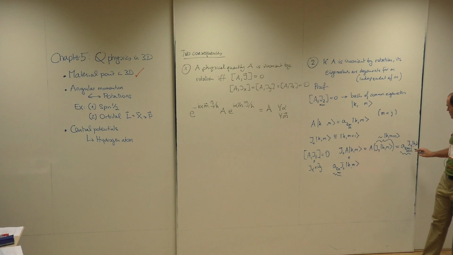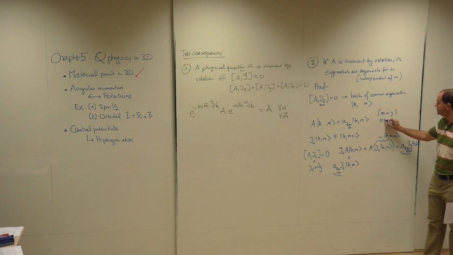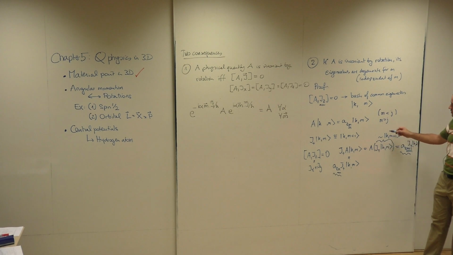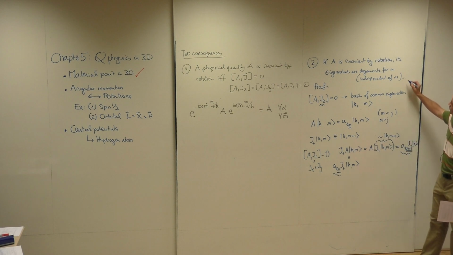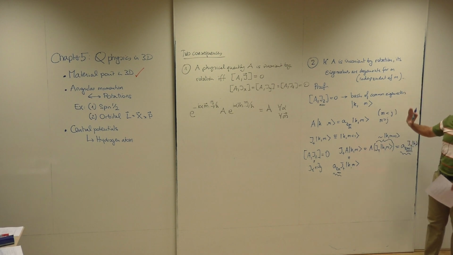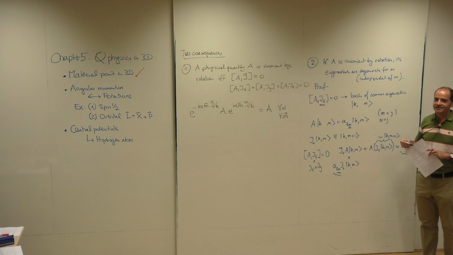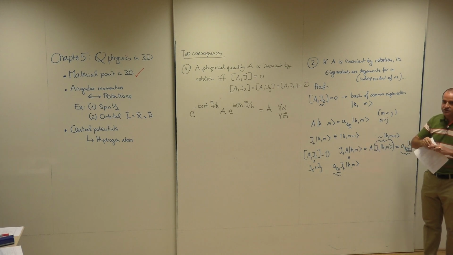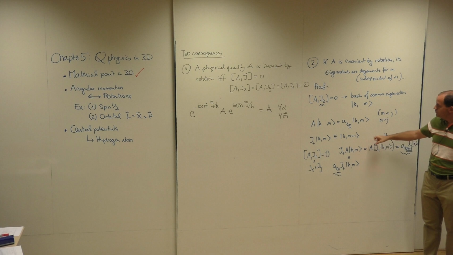Therefore, the eigenvalue of A cannot depend on m. Of course, if you were to do the m equal j case, it doesn't work, but you can just use J minus, and you get exactly the same result. So this is important: if an operator is invariant by rotation, it has degenerate eigenvalues, and the degeneracies are related to the value of Jz.